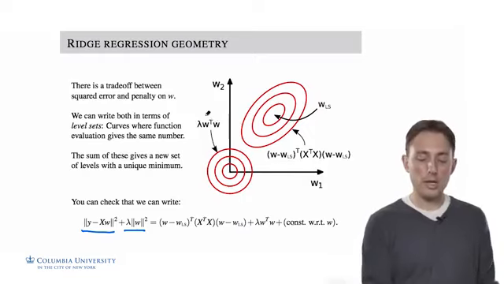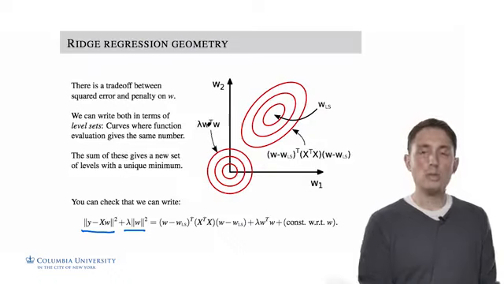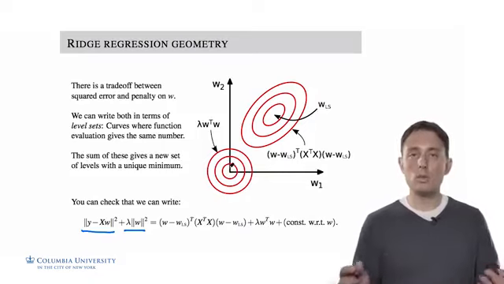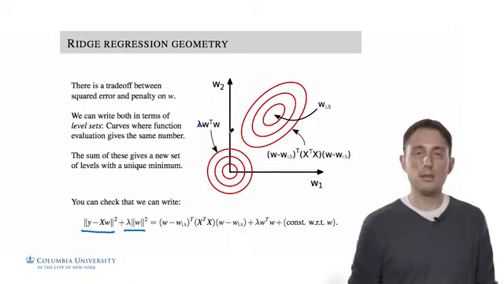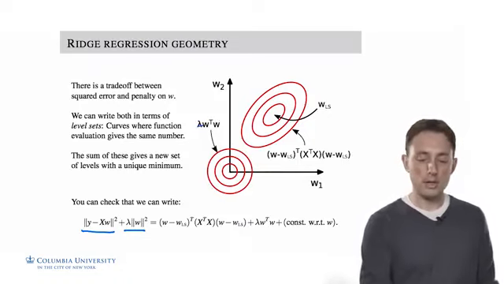And that's clear here because we're basically taking the magnitude of w squared times some scalar, and any point along a circle is going to have the same magnitude squared. So these circles here indicate the level sets of the penalty that we have on our vector w.